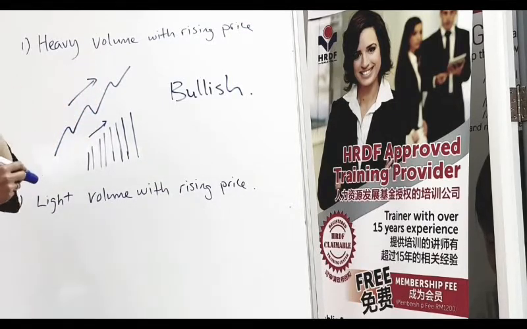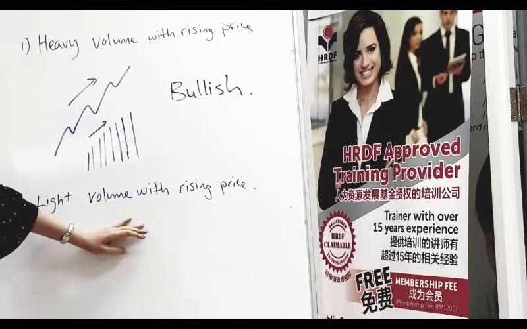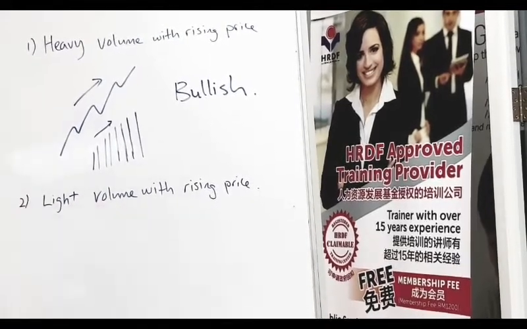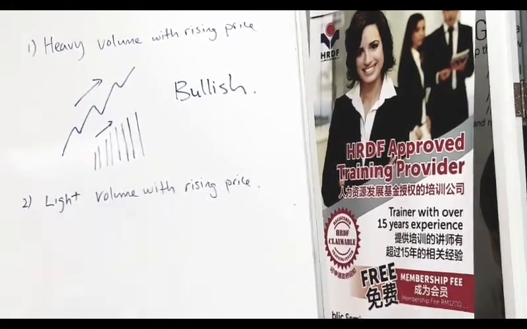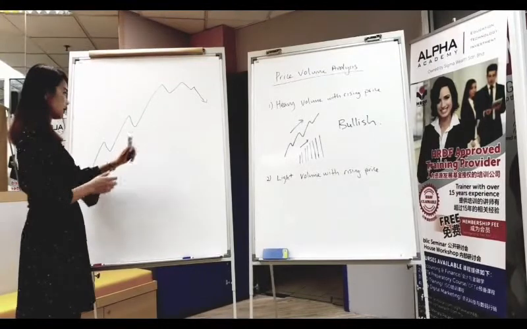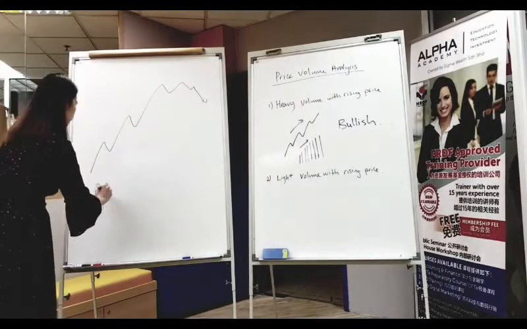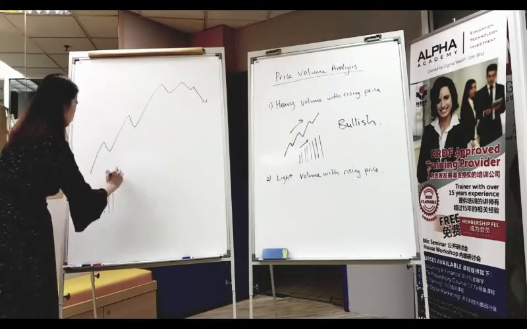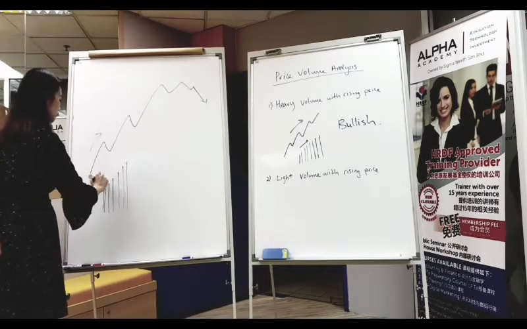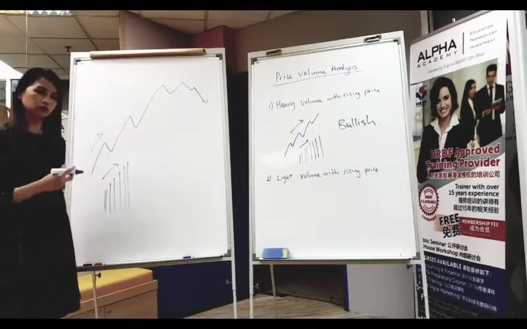The next one, light volume with rising price. What does that mean? Let's take a look here. Initially you have a rising price with a rising volume, which is good.